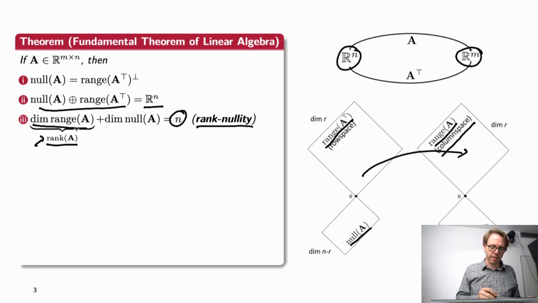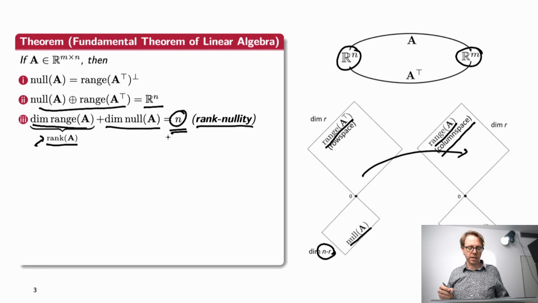So this is the rank of A, which is R. This here is n minus R, because together they are Rn, meaning that their dimensionality equals n.